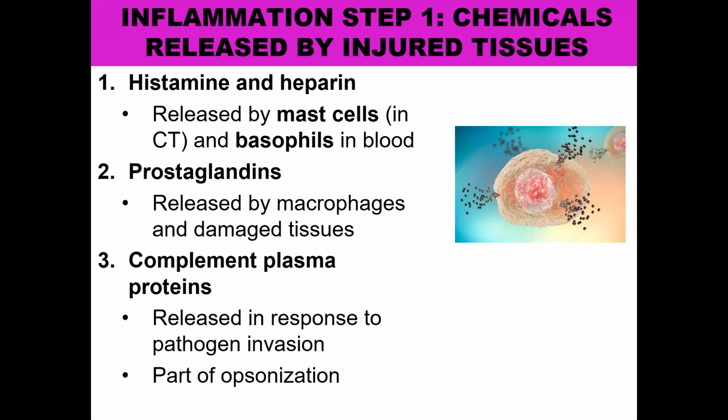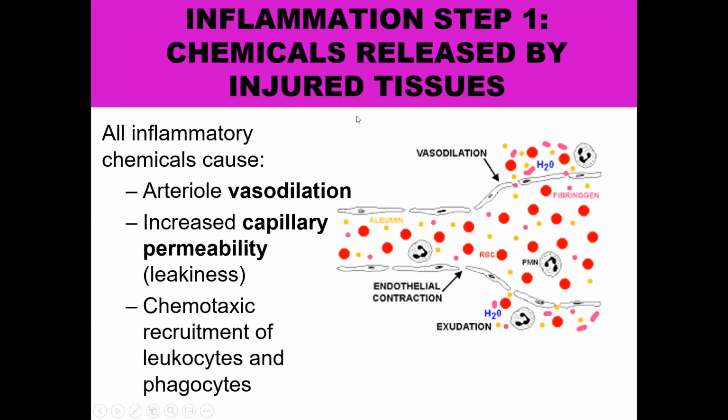So I'll talk about opsonization in a little bit, but we talked a little bit about it with phagocytes. So opsonization is where we help identify pathogens that have invaded, but the ones that are kind of wearing their costumes and hiding out among us. Complement proteins are kind of more like secret spies, and they can go and find out what's underneath the costume, tag it for a phagocyte. All right.